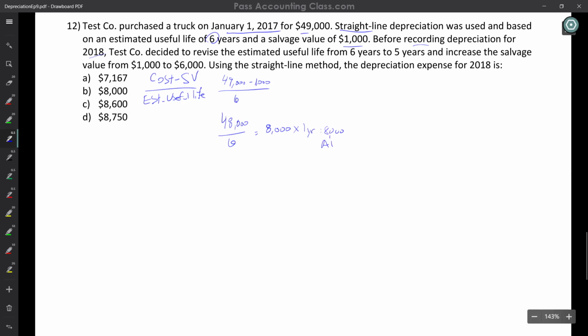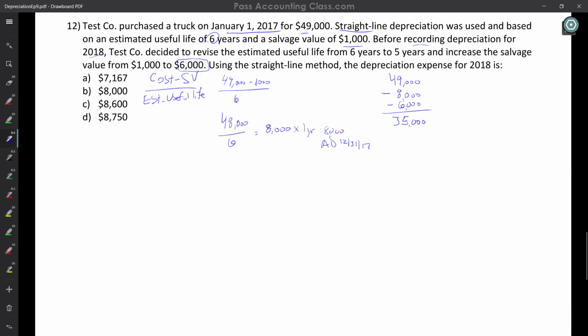And that's our accumulated depreciation as of 12/31/17. So next what we need to do is I need to take the cost, this is 49,000, reduce it by the accumulated depreciation. Then I'm going to reduce it by the new salvage value, that's 6,000. And that's going to leave me with 35,000.